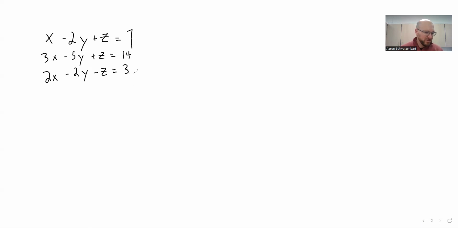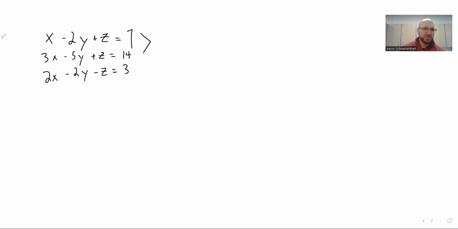So when doing this, let's combine the first 2 equations. We're going to do linear combination or elimination. Let's try to get the x to cancel out.